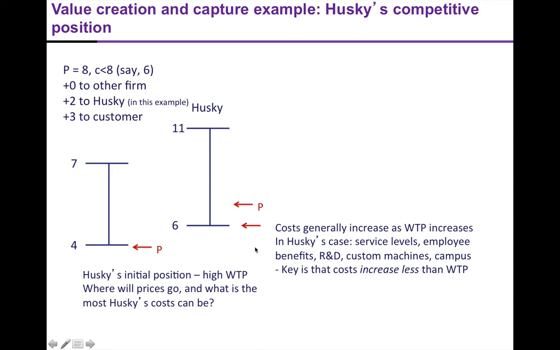This is the higher level of service, the higher investment in employees, and the higher R&D that they spend, the fact that they spend a long time customizing these machines, not mass producing them, etc. All of these things come together to increase costs, but presumably they also translate into higher benefits for the customer by making better machines. So again, as long as this gap, which here is 5, is greater than the gap here of 3 between the next best competitor, Husky will be able to capture the difference between the two.